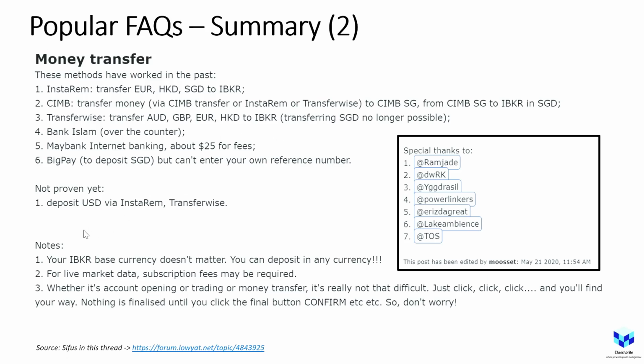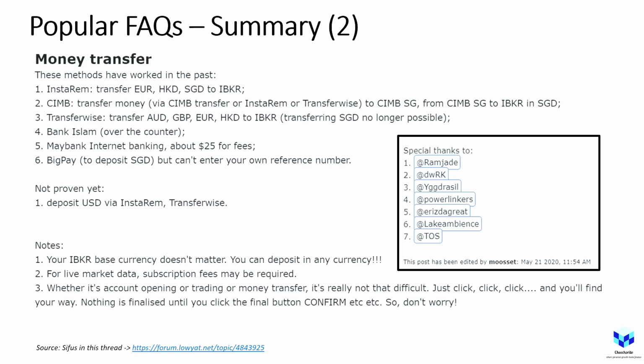And now we enter into the final notes addressed by Musat and the other forumers here. First point is trying to say that your base currency in IB doesn't really matter. Base currency here refers to when you get your account statement, it tells you how much you have traded, how much you have funded, things like that. So if I choose my base currency as USD, everything will be displayed in USD.